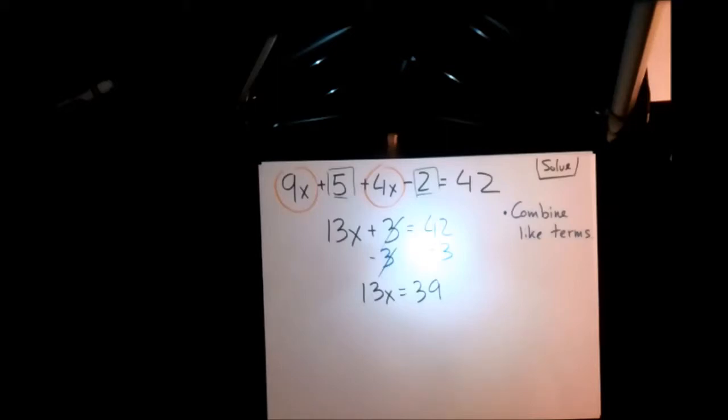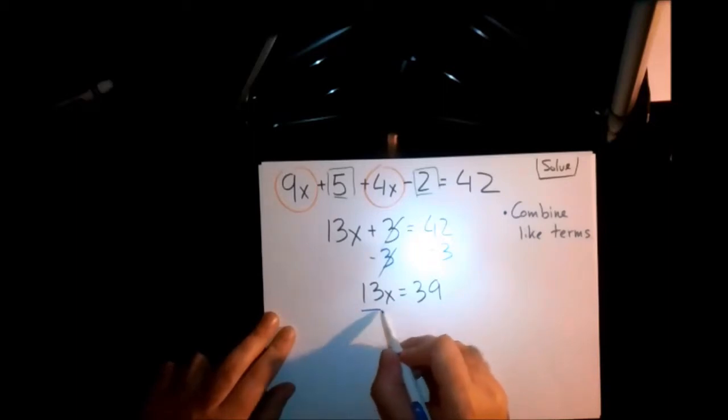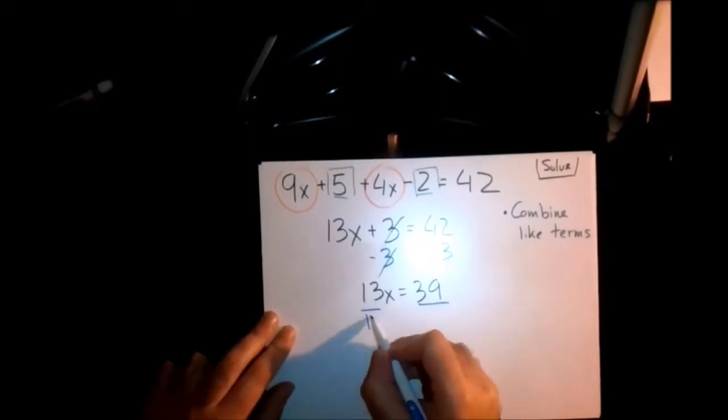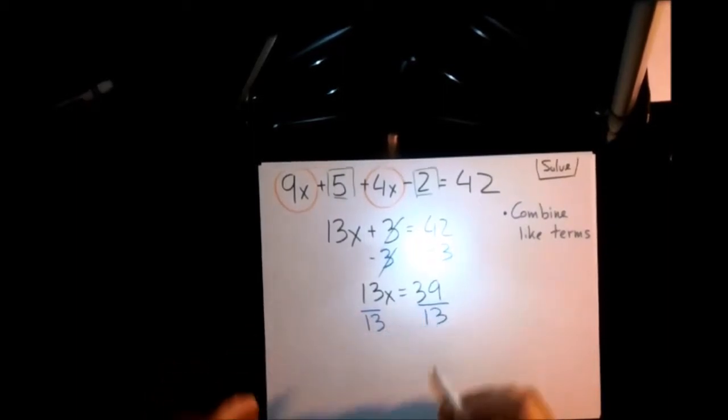One step away from solving this problem. The last step, we need to get rid of this. The x is being multiplied by 13. What's the opposite of that? Divide by 13 is the opposite of multiplied by 13.